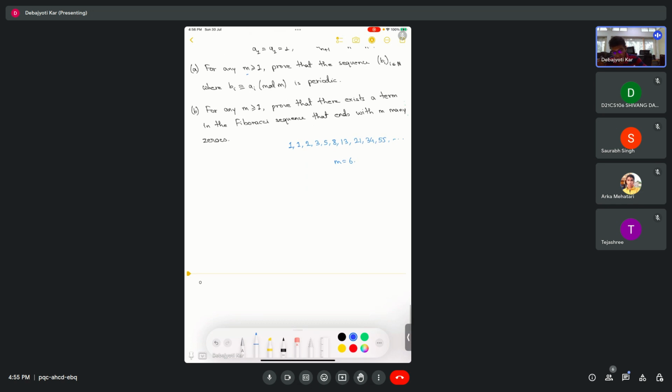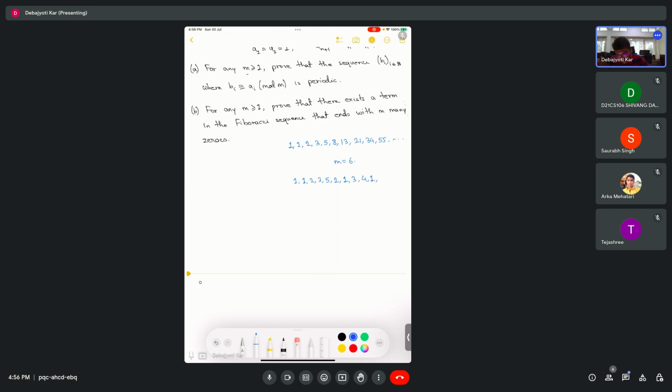If we take the remainders with respect to 6 of this sequence, what do we get? 1, 1, 2, 3, 5. Then when 8 is divided by 6, the remainder is 2. Then we have 1. Then what do we have? 3. Then 4.